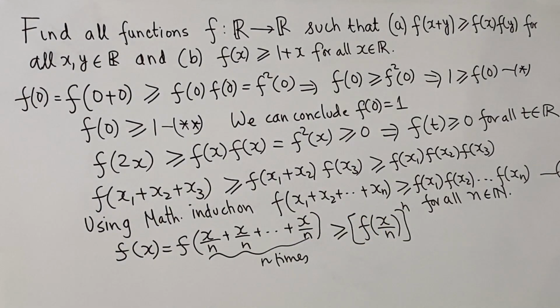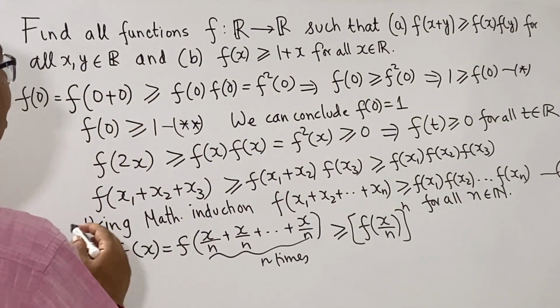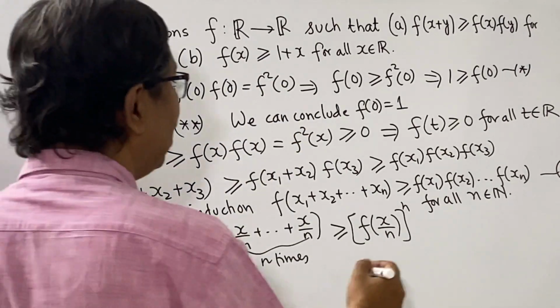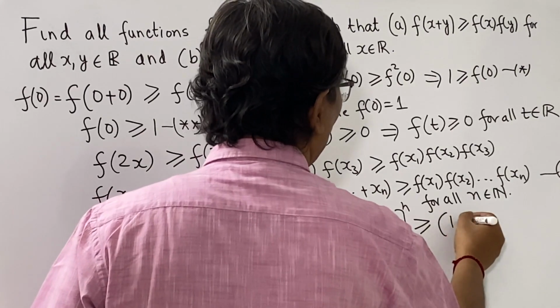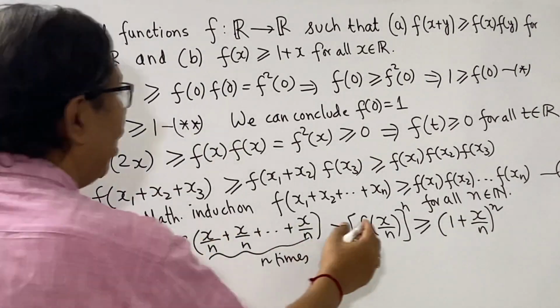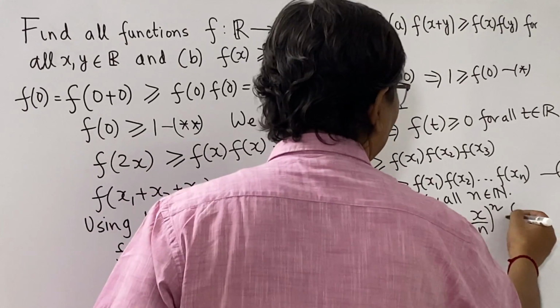So f(x) is greater than or equal to f of x by n to the power n, and f of x by n is greater than or equal to 1 plus x by n by part B. So this is greater than or equal to (1 plus x by n) to the power n. So f(x) is greater than or equal to (1 plus x by n) to the power n for all natural numbers n.